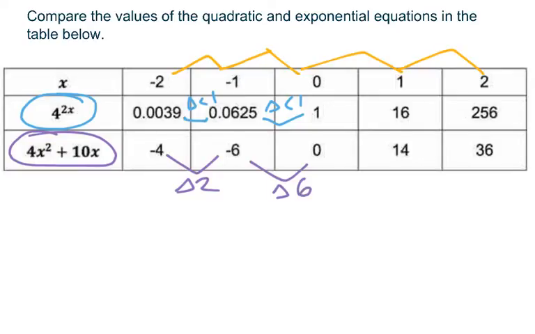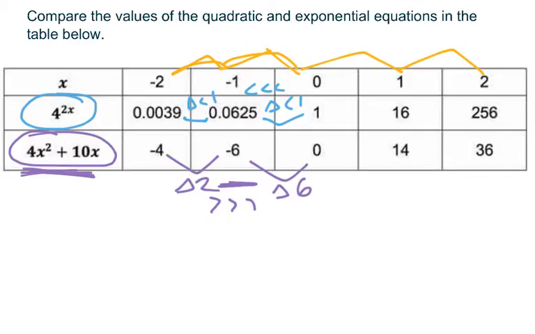So at least in the beginning, from -2 to -1 and then -1 to 0, our quadratic is growing or changing a lot faster than our exponential equation over here.